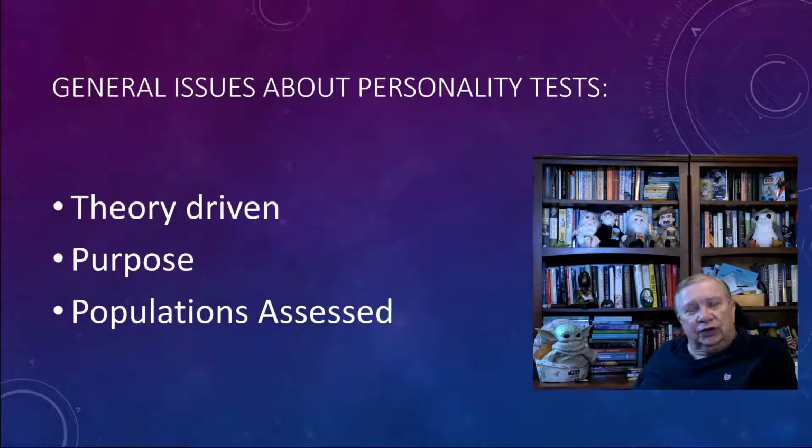When you also look at tests, you have to look at the population that provides the norm groups. So if you have a test that's normed on schizophrenics, is it useful to measure regular samples of individuals in the population who may not have schizophrenia? So we have to look at that.